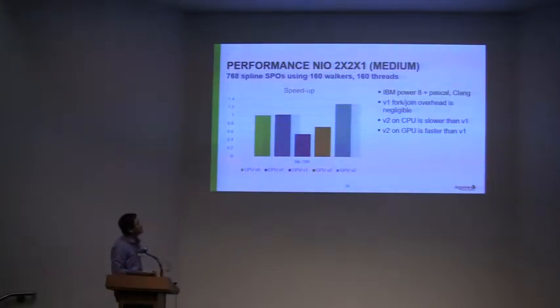So then let me see the medium size, maybe because my workload is too light. Yeah, it actually changed quite a lot. The overhead seems gone, and it seems that V1 could run as fast as V0 on the CPU side.